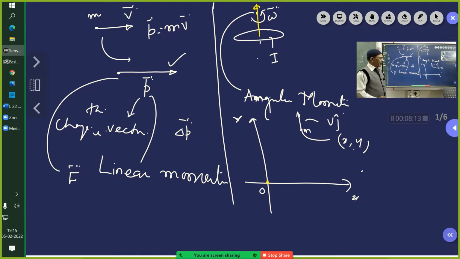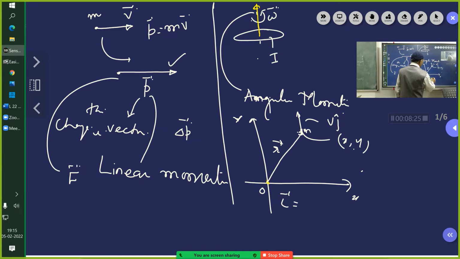But the better way to say is that you draw the position vector from O to M, and then the angular momentum of this particle, L bar, will be equal to R bar cross P bar, which is R bar cross M V bar. I wrote M V bar.